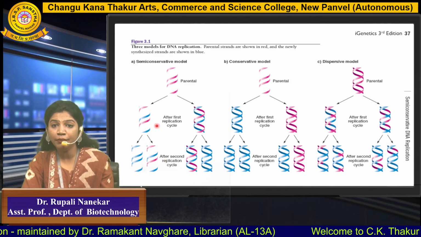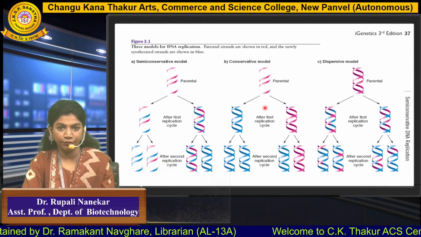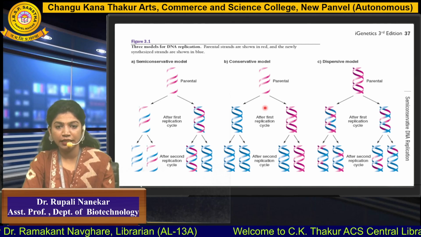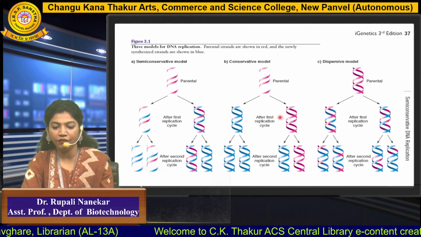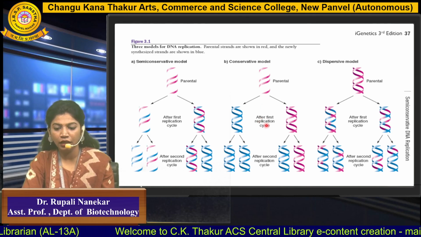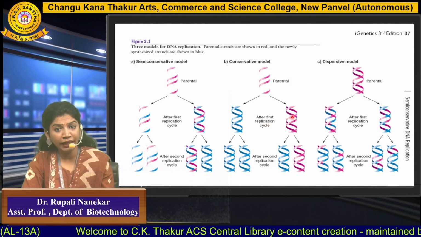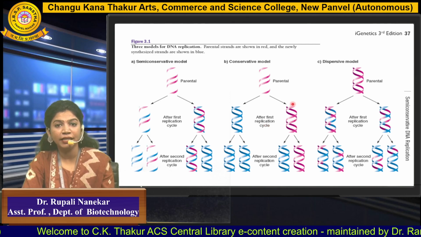Now, let's see the second proposed model, the conservative model. From the name, it suggests complete conservation of parental DNA. After the first replication cycle, the parental DNA, which is pink in color, remains completely together.